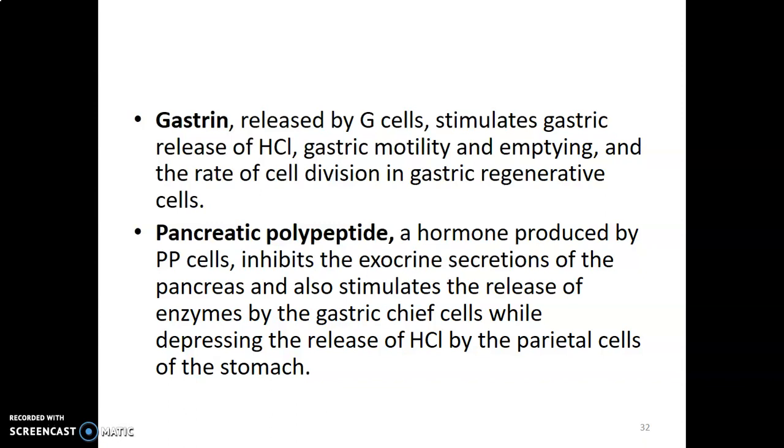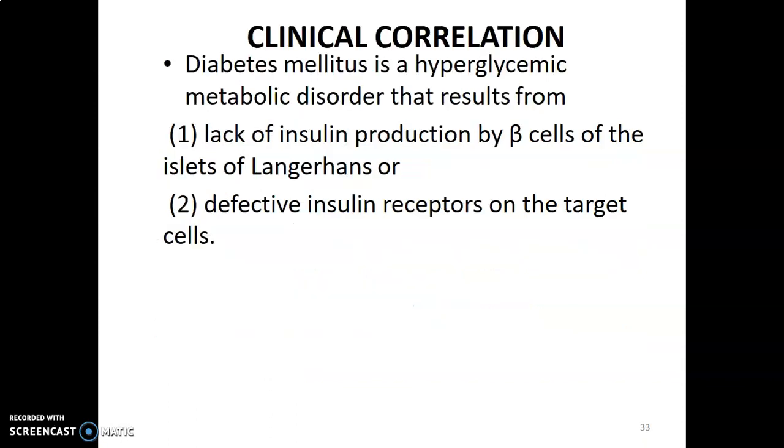And then we have parietal cells that produce hydrochloric acid and also produce intrinsic factor that helps with B12 absorption at the terminal ileum, okay?